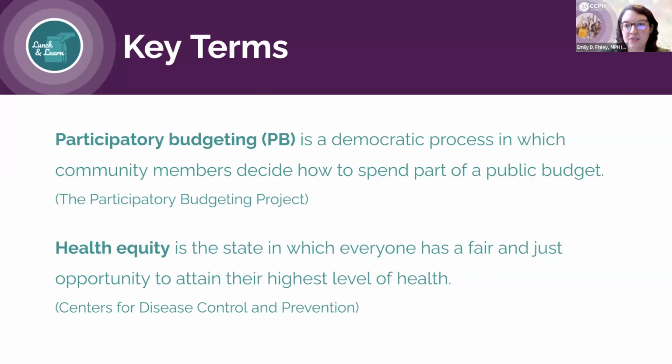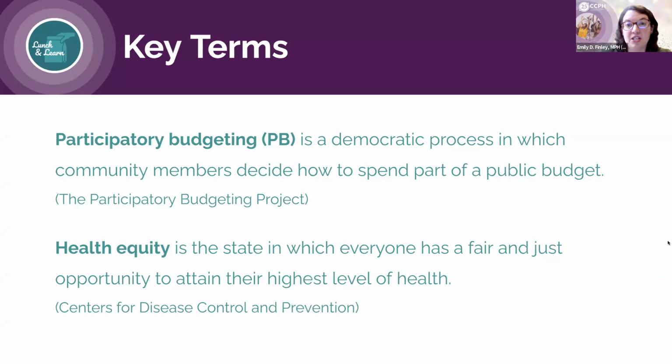So I want to introduce some key concepts that we're going to be exploring throughout the webinar. The first one, of course, is participatory budgeting. That is a democratic process in which community members decide how to spend part of a public budget.